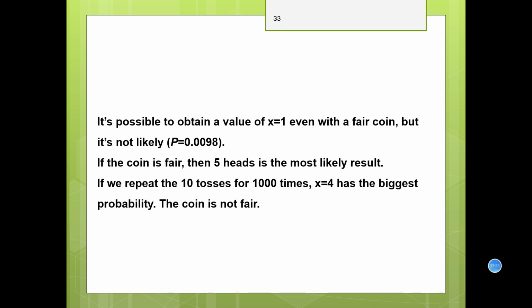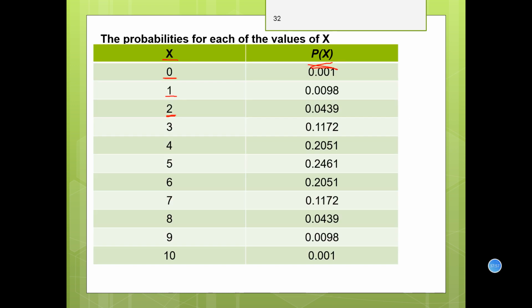So let's think about this question. For example, when x equals 1, what is the probability? Maybe this question is a bit difficult for you, so let's change to another number. When x equals 0, what is the probability?